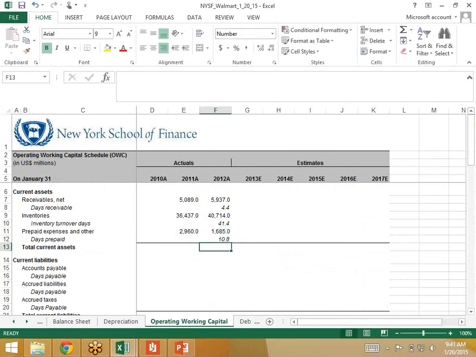We can add up the current assets, right? You don't want to do a total of everything because you don't want to include the days. We can add receivables, inventories, prepaid expenses.